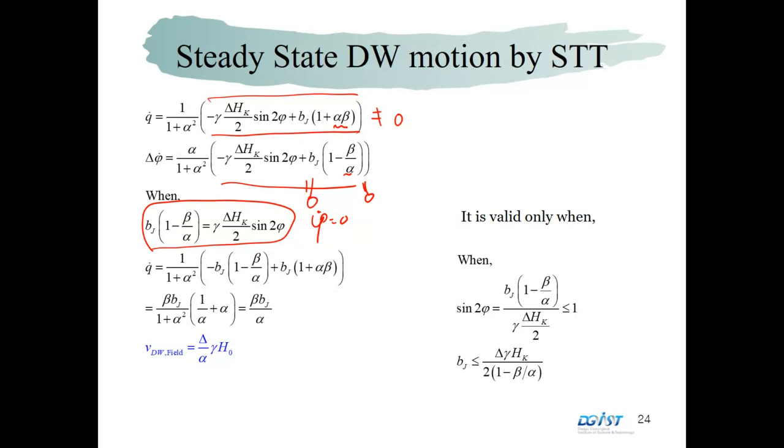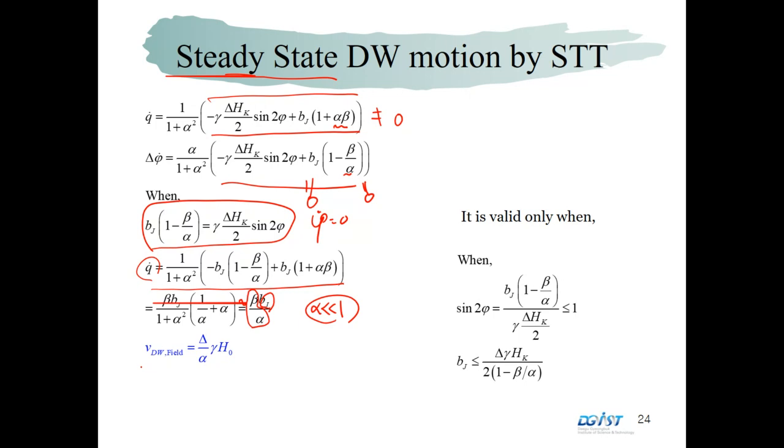When I'm talking about the steady state case, q dot is expressed in this form, and when we simplify it and take some approximation where alpha is smaller than 1, the domain wall velocity is proportional to the Bj, the current density. This is the velocity representation by the current density, and the proportional ratio is beta over alpha.